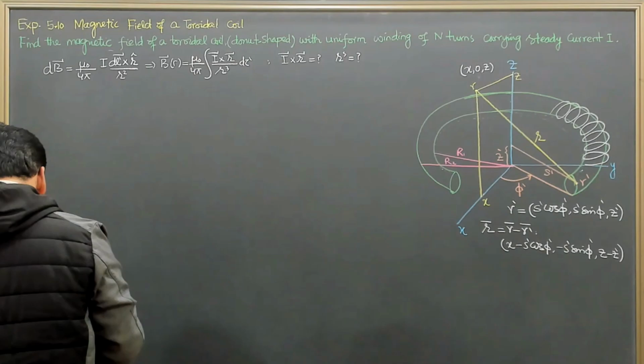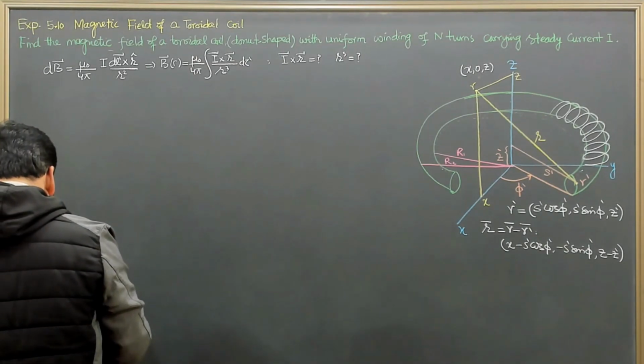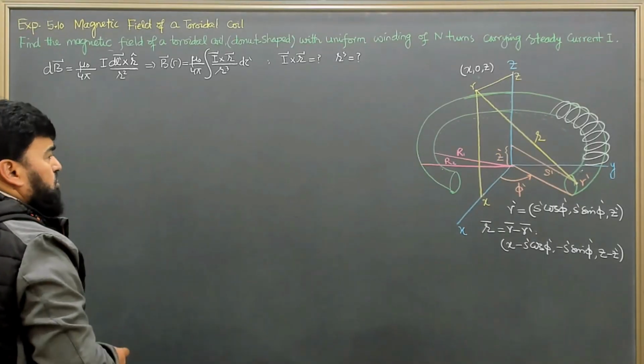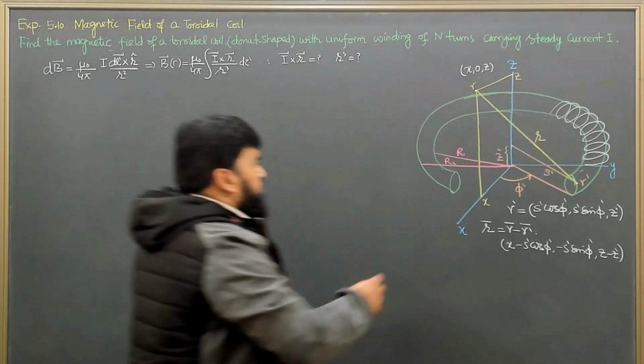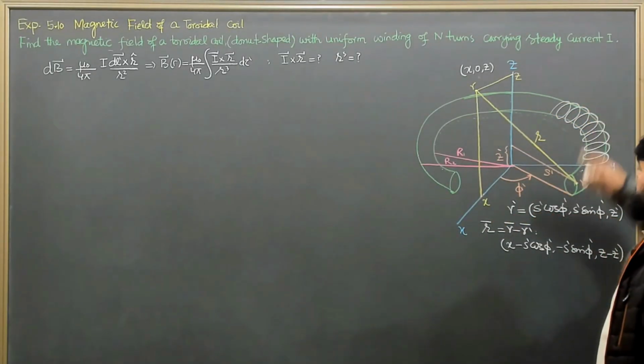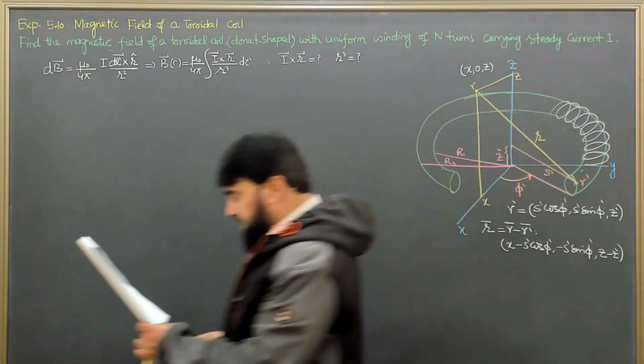So these things are clear, and now we know that the current element has no phi component, because the current is just going around this winding, so it has no phi component.